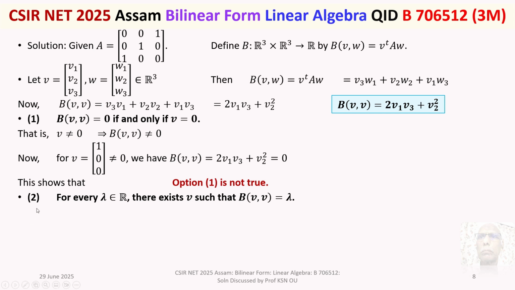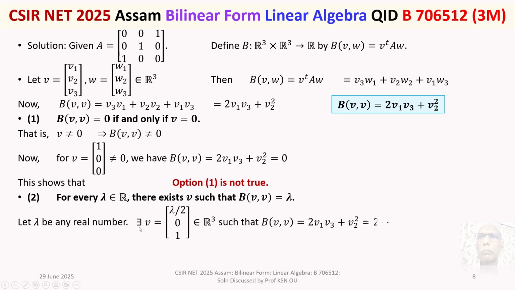Let's go to option 2. It must be true. For every lambda belongs to R, there exists a V such that B of V comma V is equal to lambda. So let lambda be any real number.